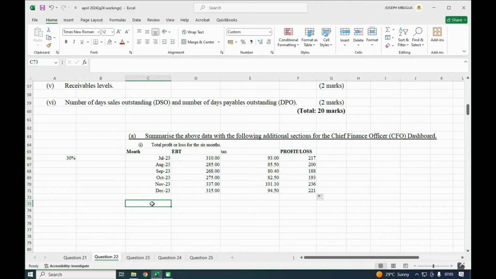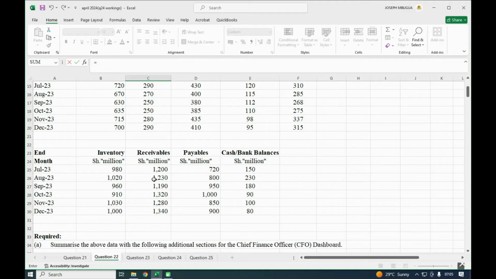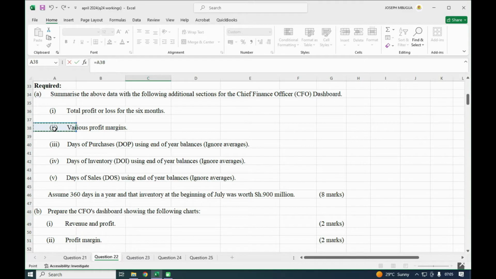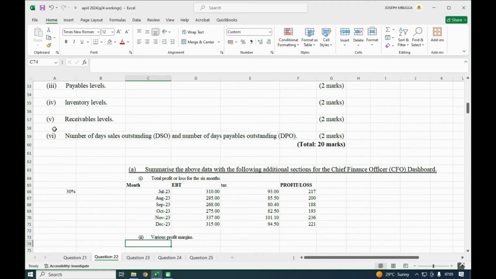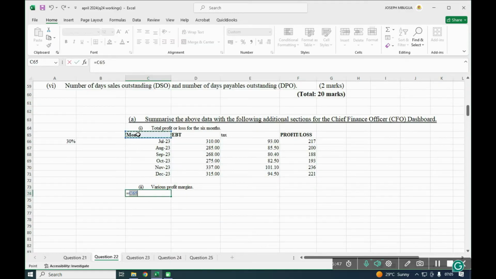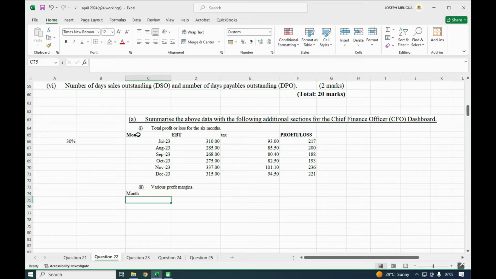And number 2, the second part, we needed the various profit margins. So remember, when you talk about the profit margin, in this case, we shall calculate both the net profit margin and the gross profit margin.